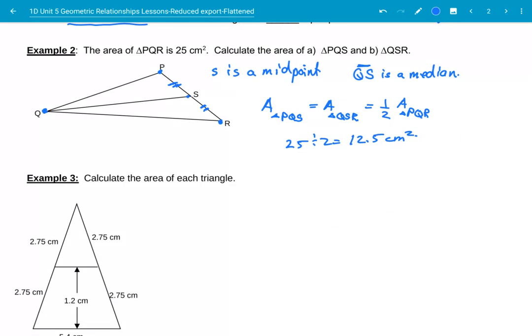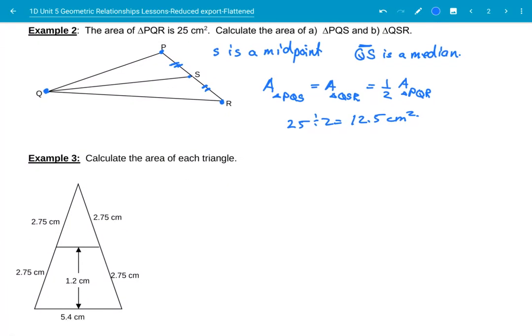Okay. Calculate the area of each triangle. All right. So this and this are the same as this and this. So this is a mid-segment. So we actually know this is also 1.2 centimeters. And we know that this will be half, 2.7 centimeters.